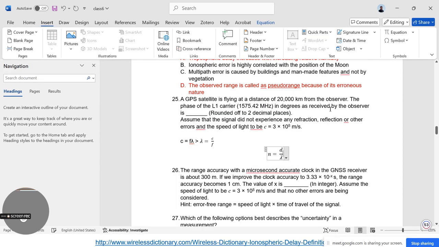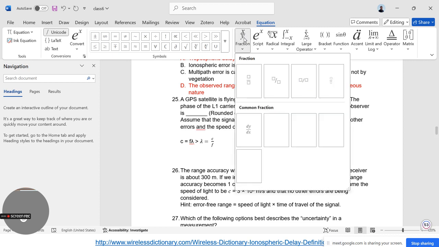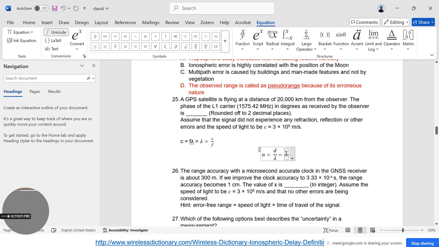Now, how much distance do we have in the question? 20,000 kilometer. So we will write 20,000 into 10 to the power 3, converting it into meters. And for lambda, lambda is c by f.